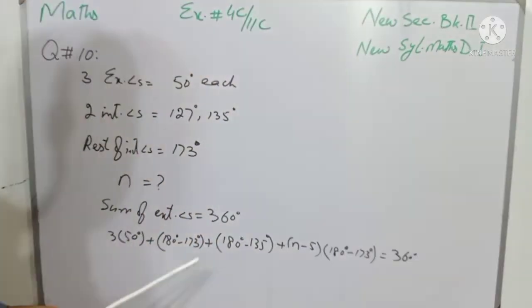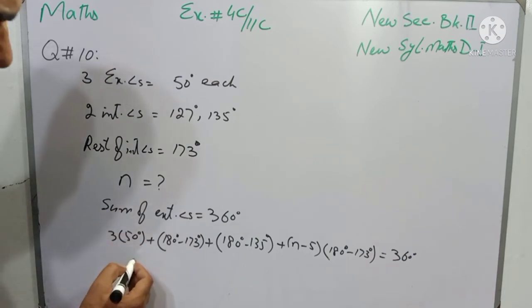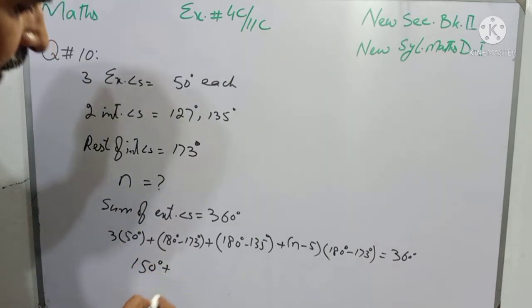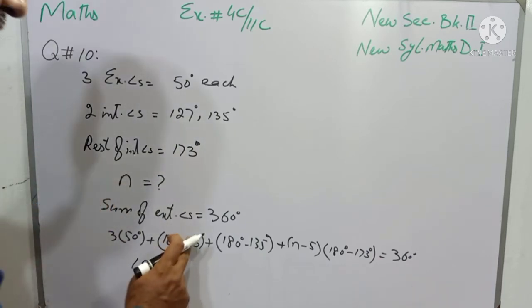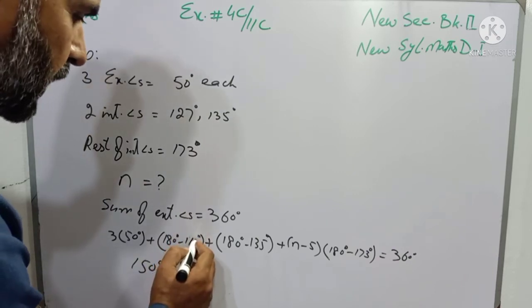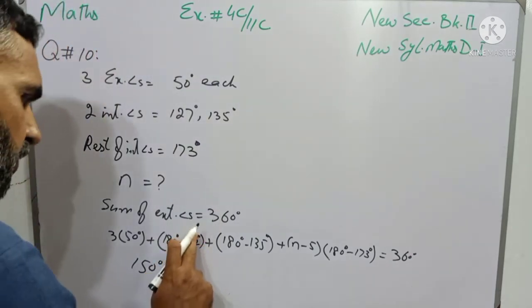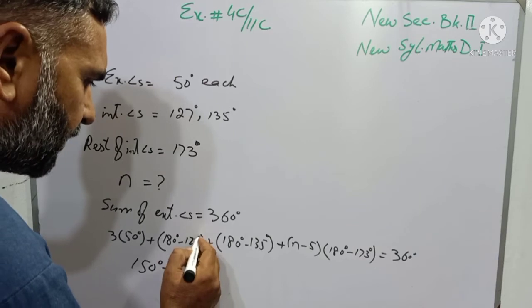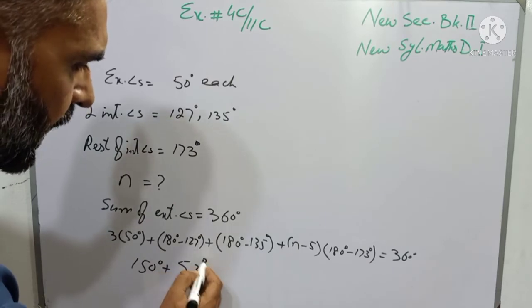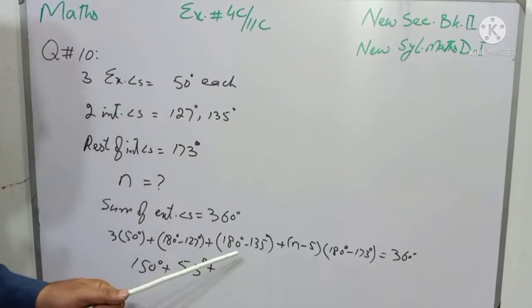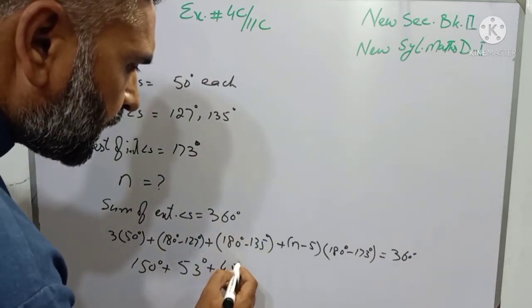Students, we will simplify all the terms. When 3 multiplies with 50 degrees, we have 150 degrees. Plus, when we subtract 127 degrees from 180 degrees, it will be 53 degrees. When we subtract 135 from 180 degrees, we have 45 degrees.